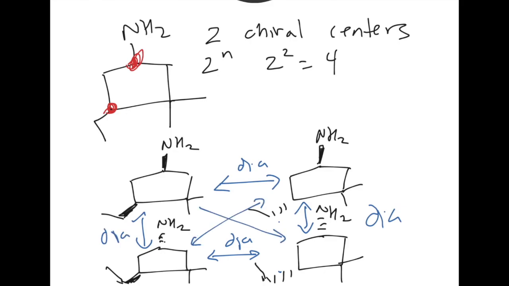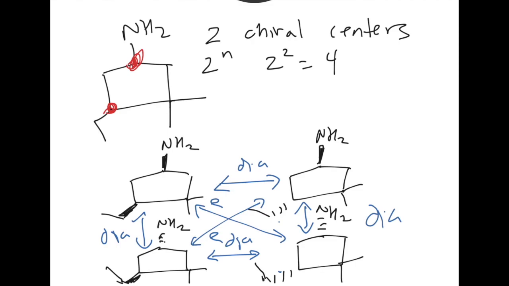And there, our enantiomers are on the diagonal this time. So I give you a molecule, you should be able to predict how many chiral centers it has, how many stereoisomers are possible, and then you should be able to draw and label all of those stereoisomers.